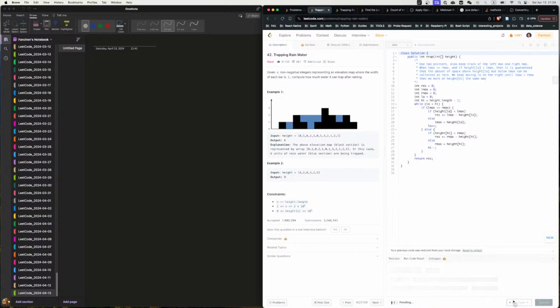Basically, we guarantee that some water can be collected. All right, the second one is not right. So there are some issues here. Let's see, what issue is there? We're missing some.